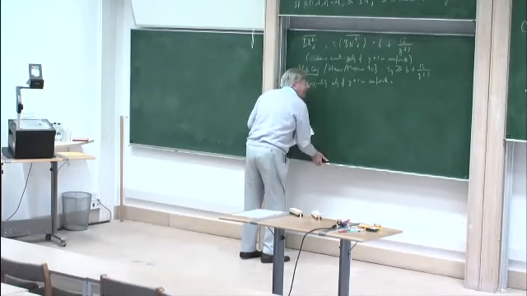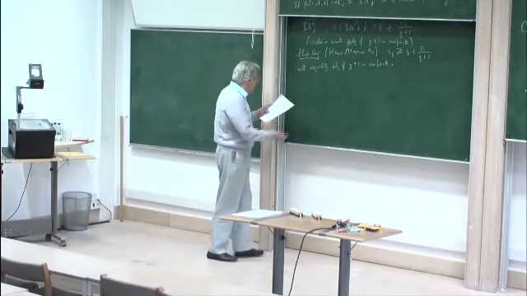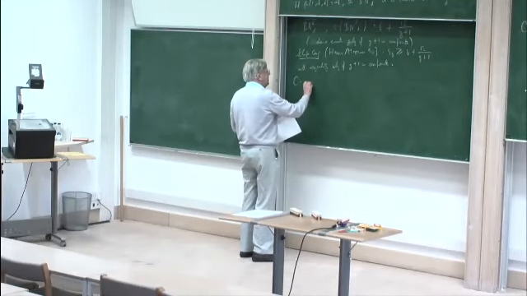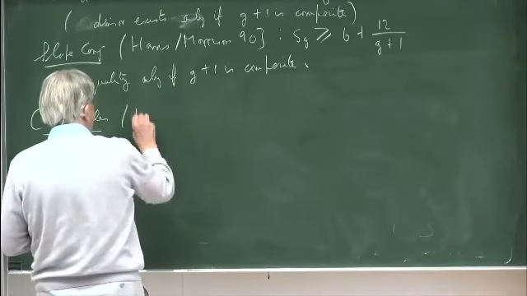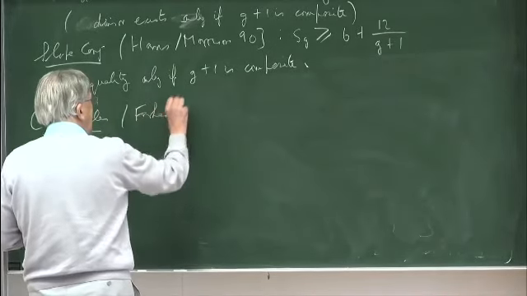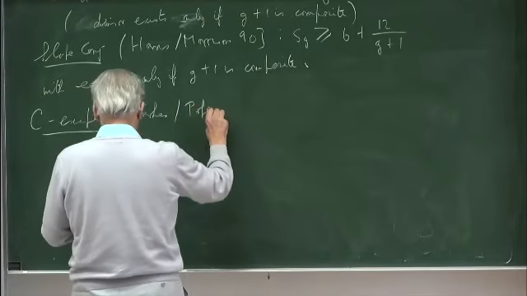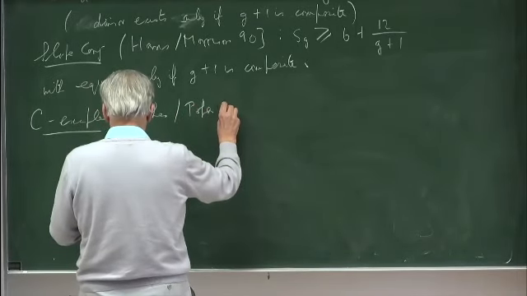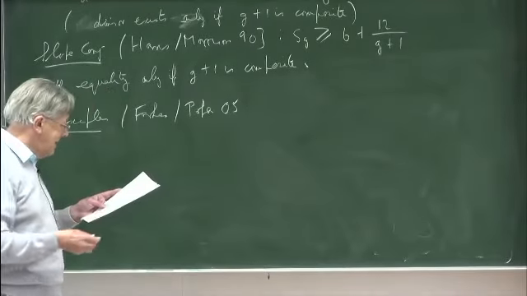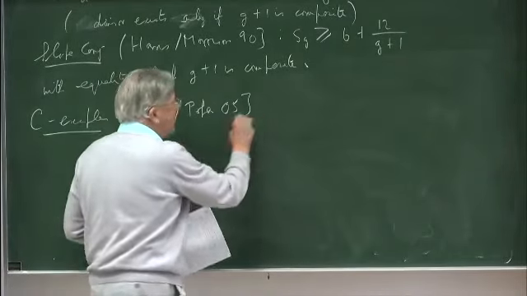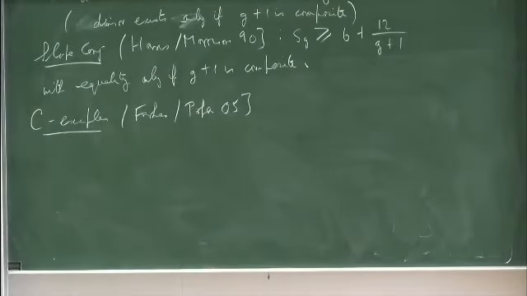Counterexamples began by being discovered by Farkas and Popa in a paper published in 2005, and there have been others since then, but let me just describe this one quickly, where it comes from.